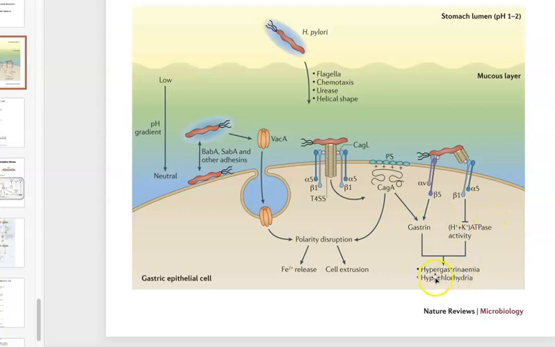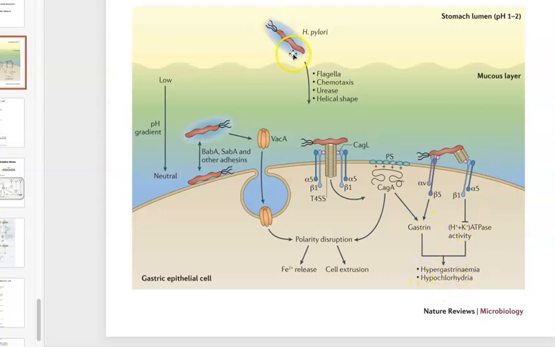And so you can end up with a situation like this, for example, hypergastrinemia, which is an excess of this hormone, and hypochlorhydria, which again is a reduction in the production of hydrochloric acid, and so an increase in the local pH here. And this combination of things can cause gastric cancers.